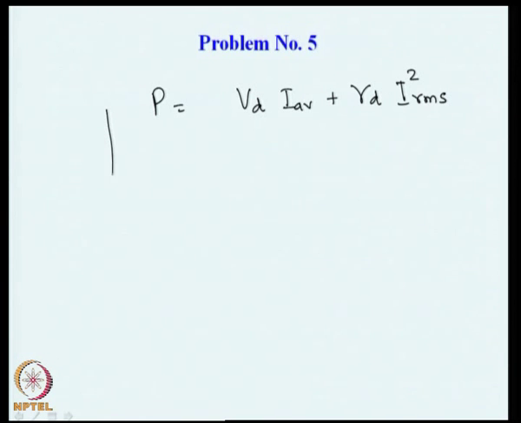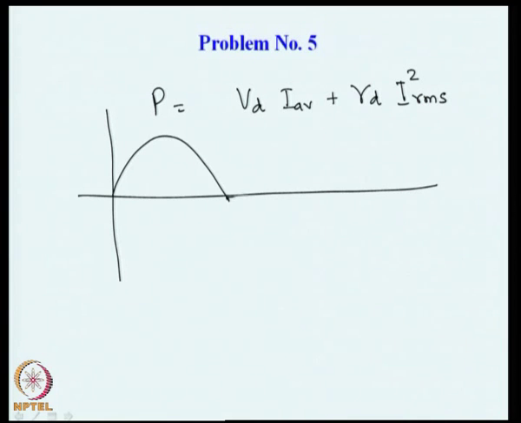So, for a half sinusoidal current with peak Ip, the average value is Vd into Ip peak into, for a full sine wave it would be 2 by pi, for this it will be 1 by pi.